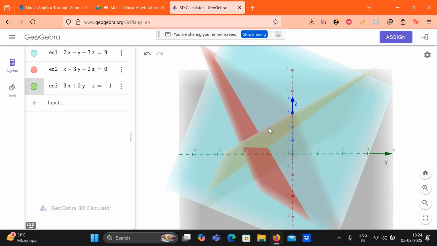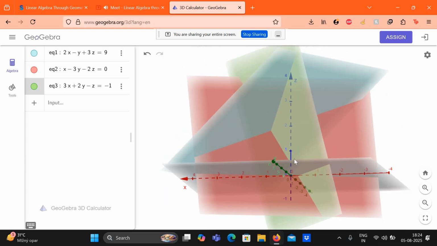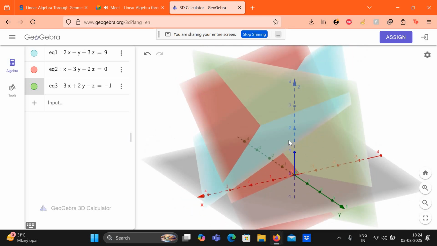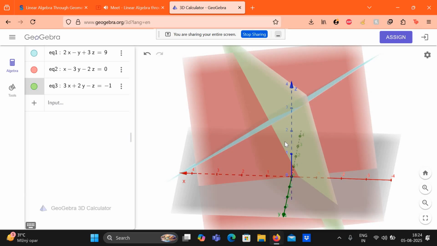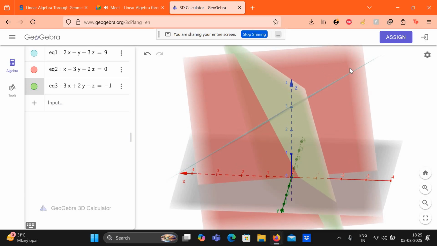And finally, the red and the green are intersecting at this line. If I see it from this side view, can you see the thin blue line?